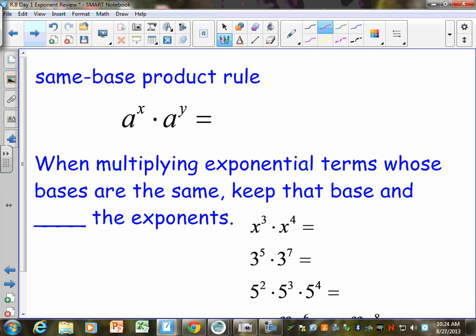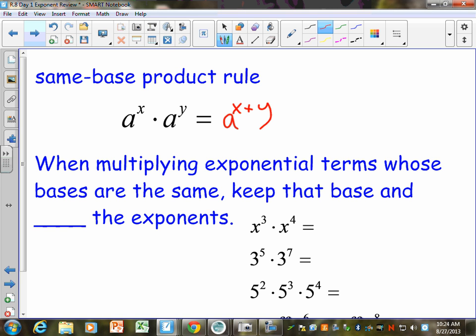So I kind of wrote this and then I wrote it in words. If you're okay with just the formula, you don't have to write this part out. This is called the same base product rule. If you have the same base and you're multiplying them, do you remember what you do with those exponents? You add them. A to the x times a to the y is the same as saying a to the x plus y.